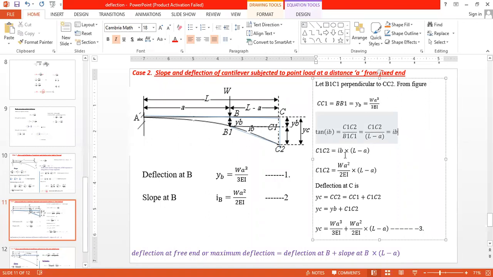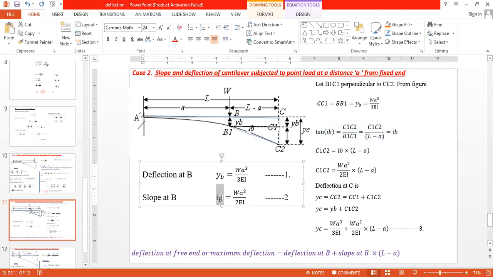Now you put the value of IB. IB is here, that is WA square divided by 2EI. You will get C1C2 equal to WA square divided by 2EI into L minus A, that is from here to here. Now your deflection at C is CC2. Therefore, YC is equal to CC2, equal to CC1 plus C1C2.